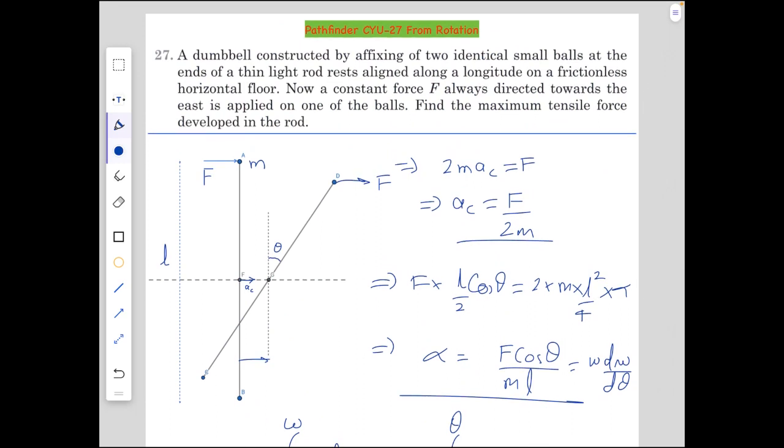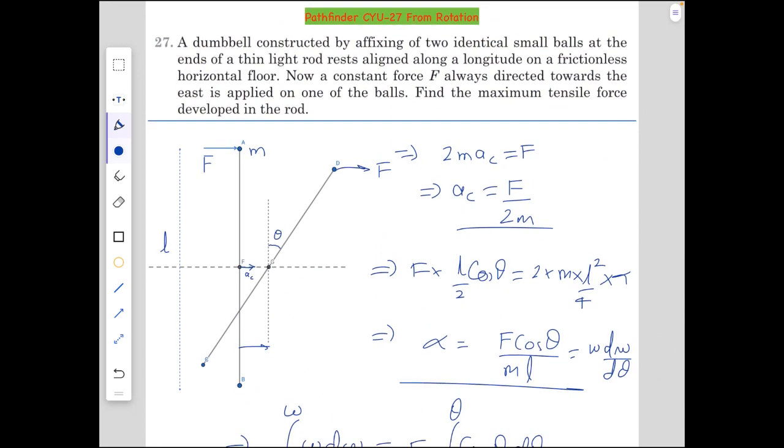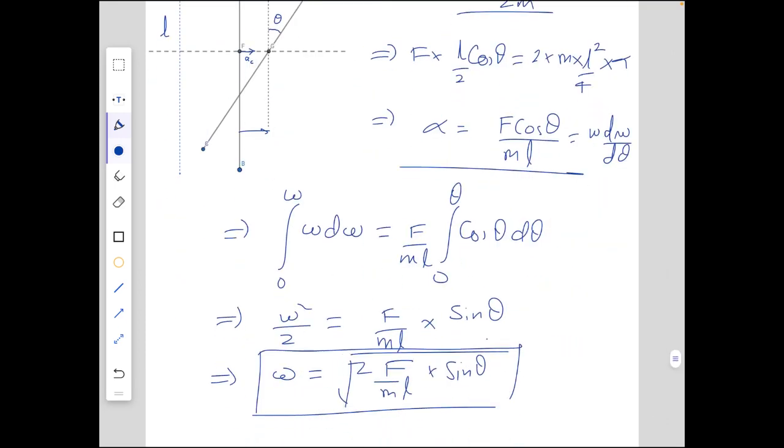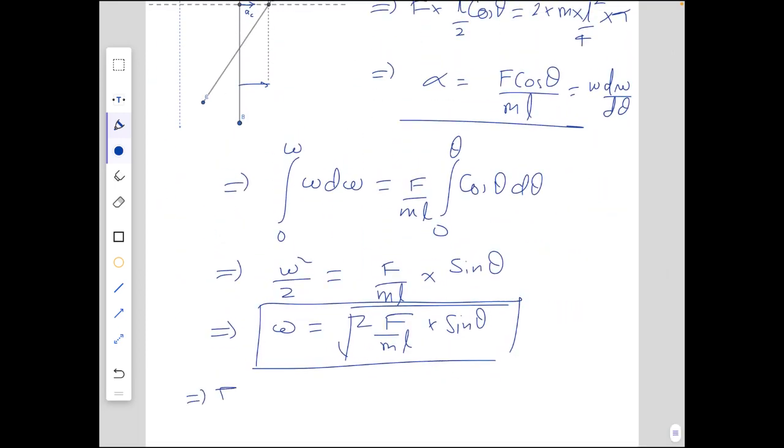Now to find the tension in the rod, we can use the center of mass frame because it will simplify it to a large extent. So let's assume that the tension in this rod is T, and here we are observing with respect to the center of mass. So a pseudo force m a_c will be applied on this. So from here the equation we can write along the radial direction is T plus m a_c sin theta minus F sin theta equals m r omega squared, and r here is L by 2.